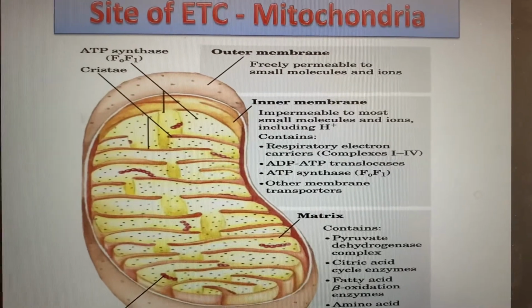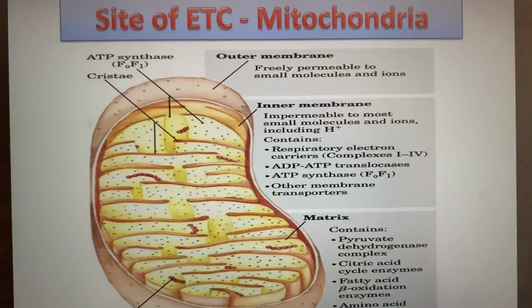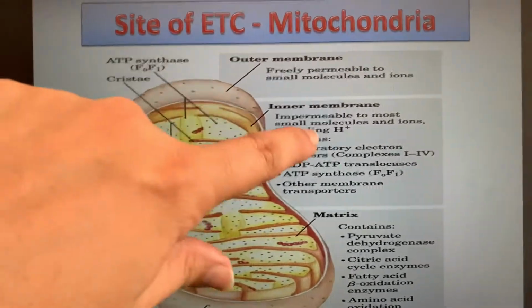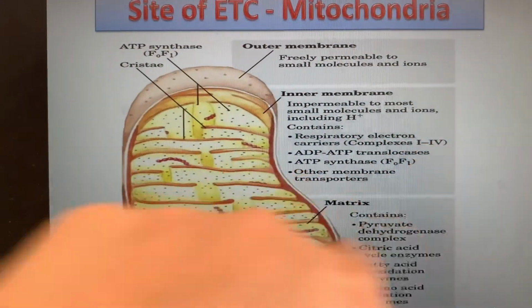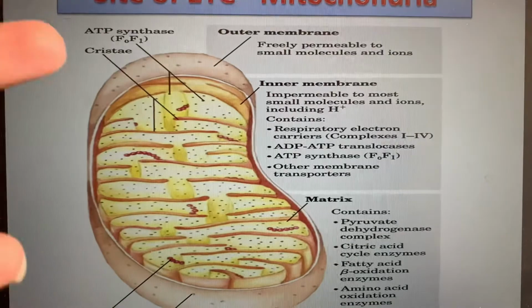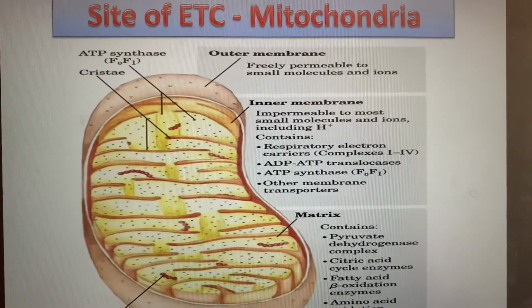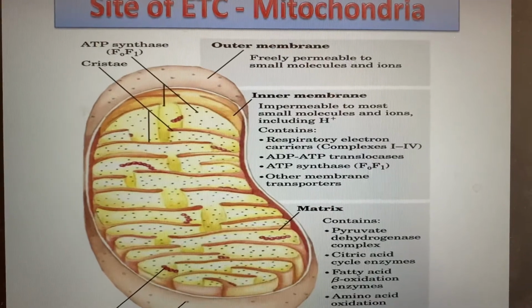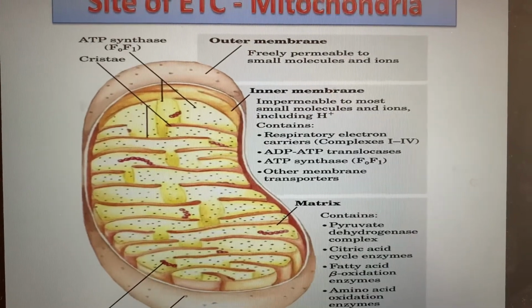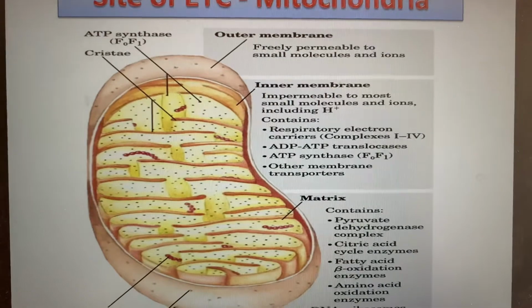It contains respiratory electron carriers, that is the complexes from 1 to 4, which actually help in the process of electron transport chain, ADP translocases, ATP synthase, and other membrane transporters, etc.